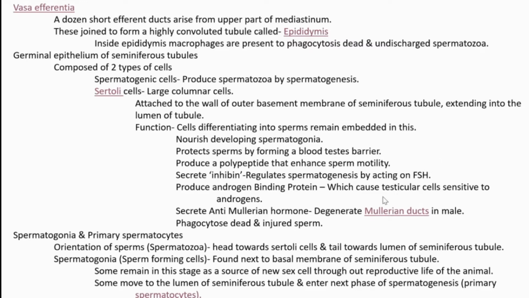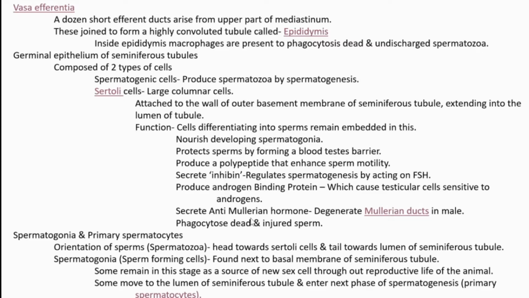This causes the testicular cells to become sensitive to the androgen male hormones. Only with the help of this androgen binding protein do the testicular cells become sensitive to the androgens.